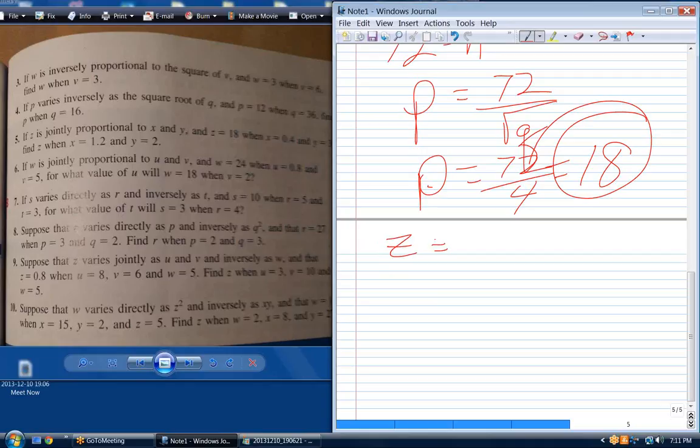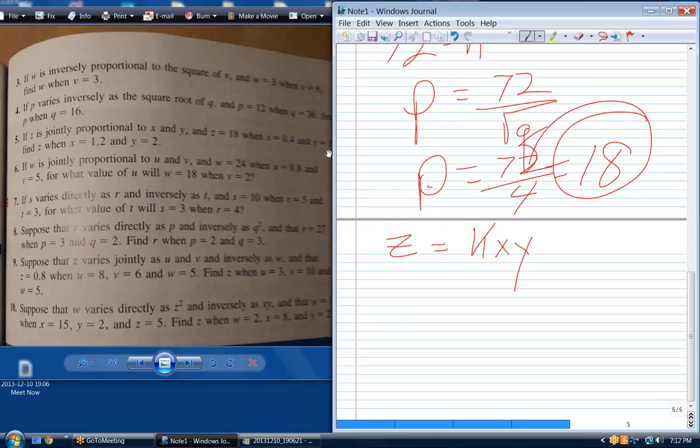Z is jointly proportional to X and Y. So how can I write that? That one is going to be Z equals K times X times Y. Now they give us a Z, an X, and a Y. Although I can't read the Y, you're going to tell me what it is.